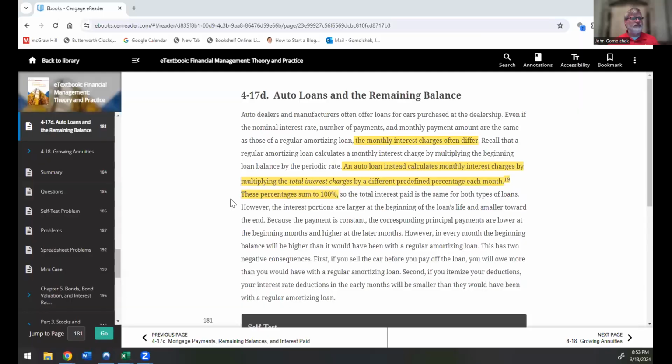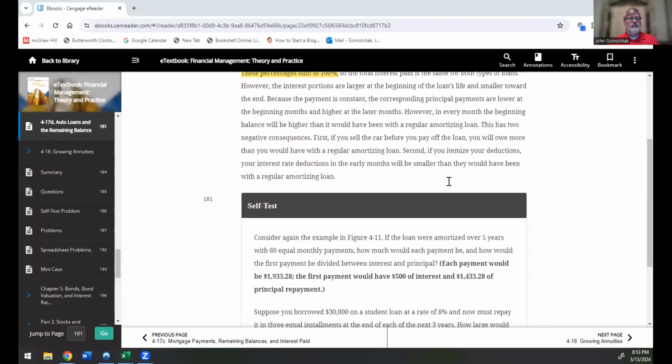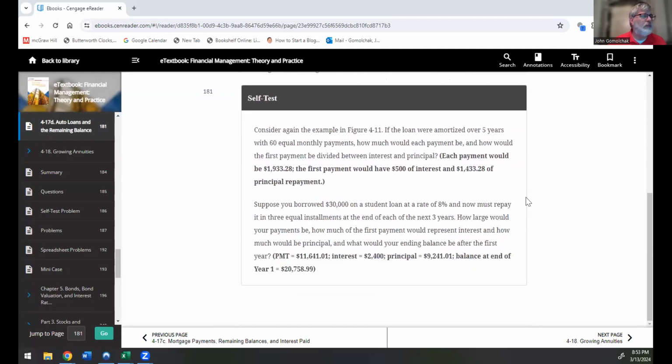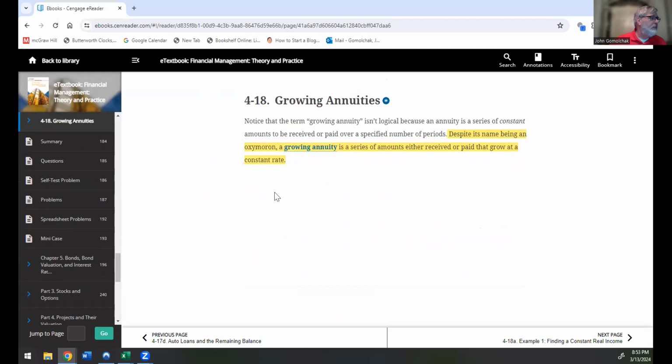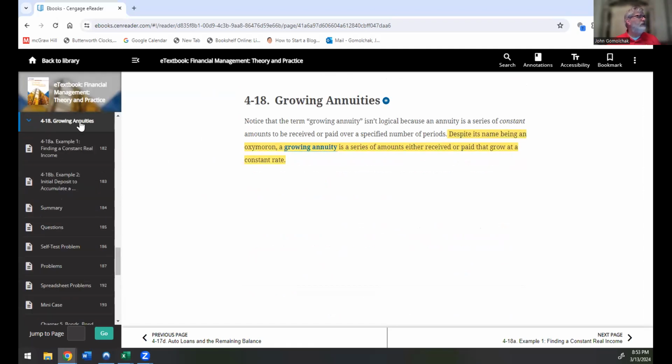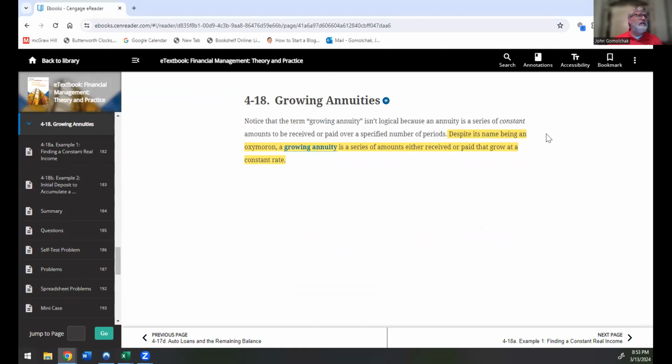I guess that's just fine. Okay, back to the book. So understand that there is this thing called the rule of 78 out there that deals with automobile loans, and you can take a look at that if you want. I don't want to spend a whole lot of time on it. I'm running out of patience with this chapter, and I really want to move on.